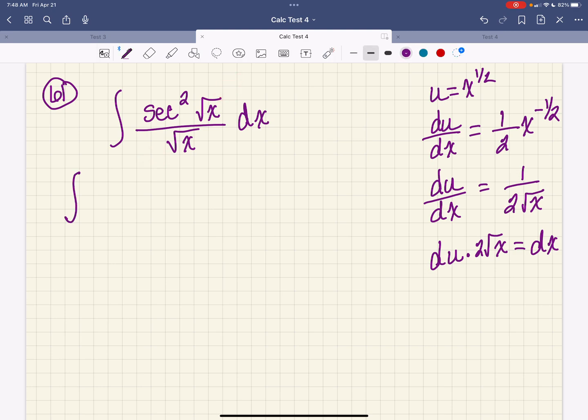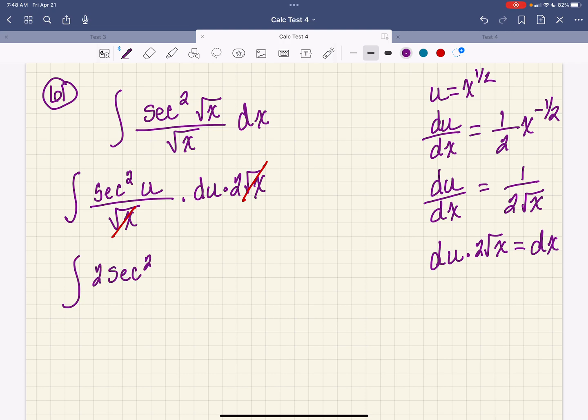So I've got secant squared of u over the square root of x times du times 2 on the square root of x. My square roots of x cancel. So I'm going to rewrite this as 2 secant squared u du.